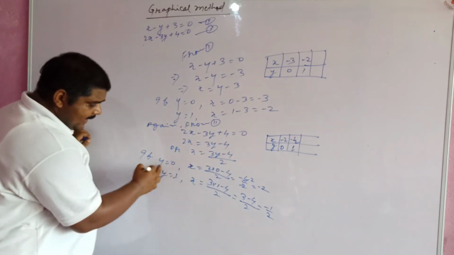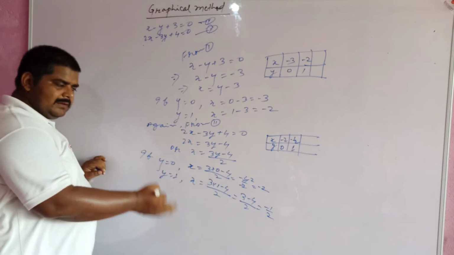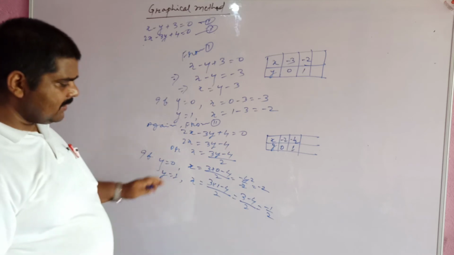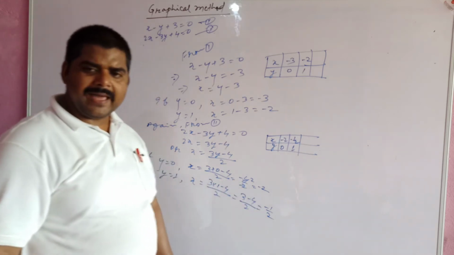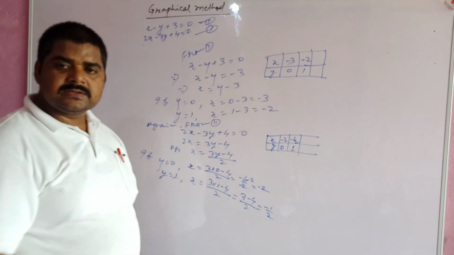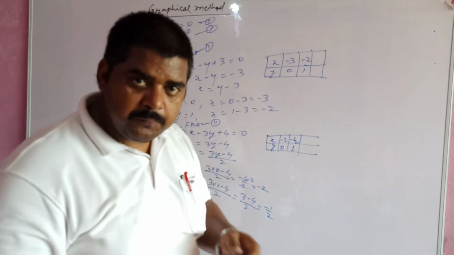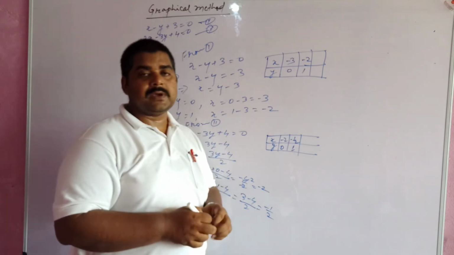After that, I have taken y is equal to 0 and y is equal to 1 in 2 steps, and I get the coordinates of x as minus 2 and minus 1 upon 2. This was the first step to find out the coordinates in graphical methods.